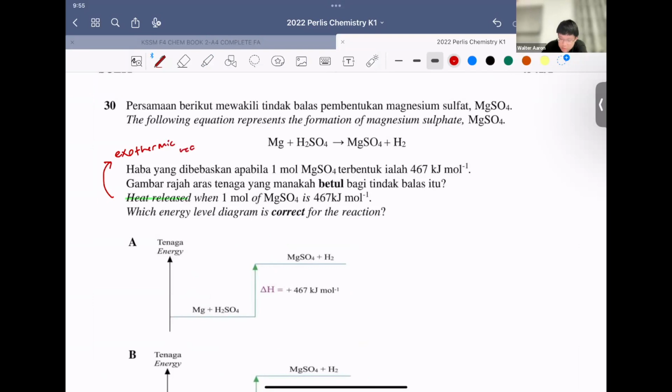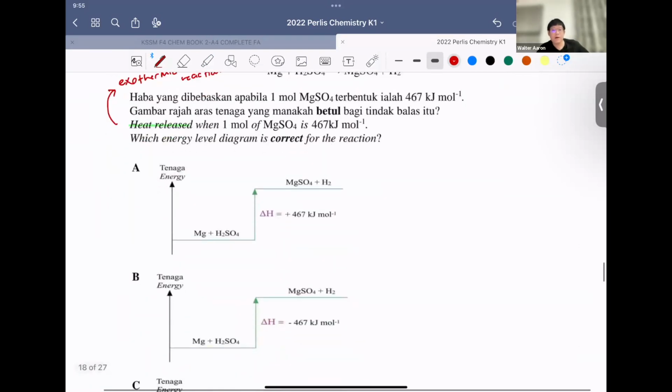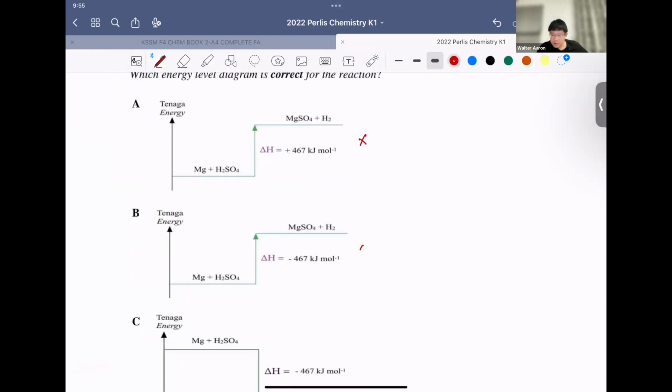So this one is already wrong, because if the arrow is pointing upwards, that means it is an endothermic reaction. It doesn't matter that the negative symbol is here, the arrow is supposed to point down for an exothermic reaction. So A and B are definitely out.